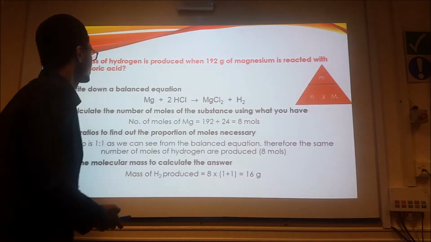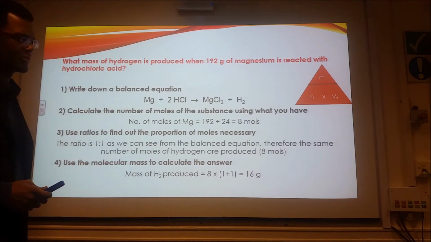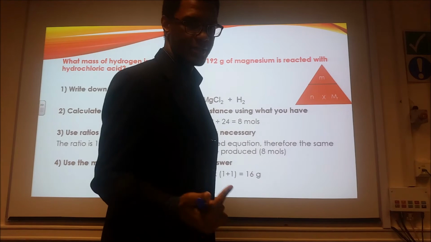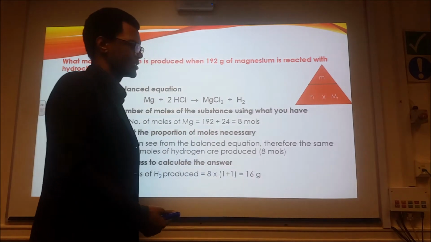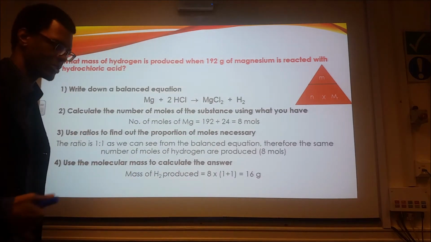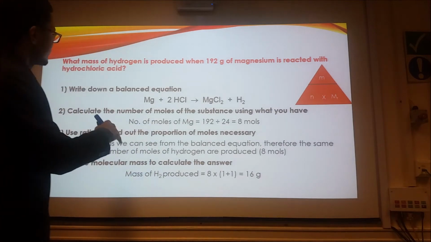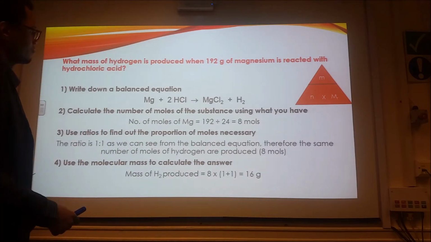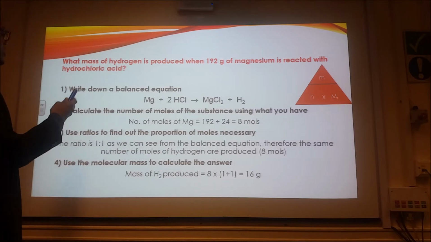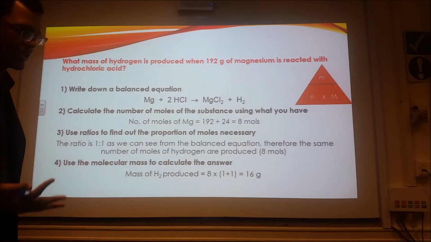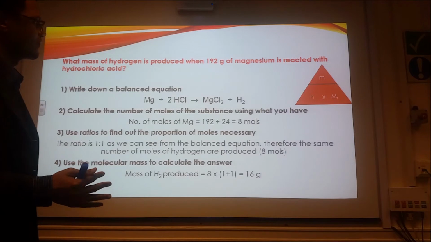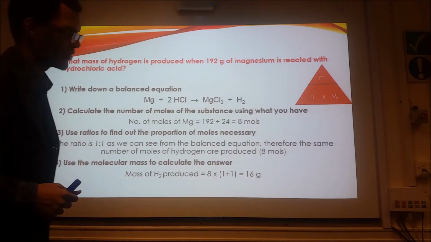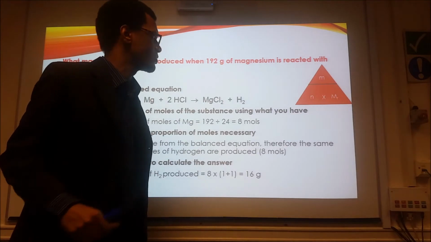Now, we want to calculate the mass of hydrogen, but the only thing I can get for hydrogen so far is its molecular mass, which is 1 plus 1, which is 2. So, that doesn't help. The other thing I've got there is hydrochloric acid. That's kind of irrelevant to the question. And even still, the only thing I've got there is the molecular mass.